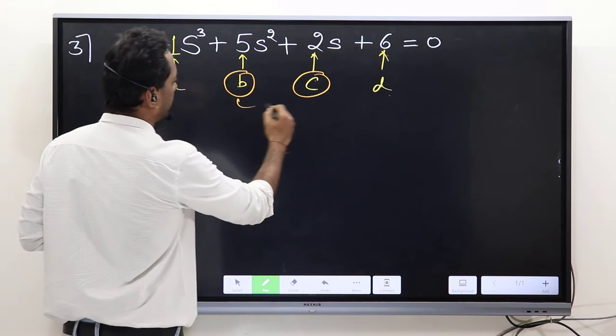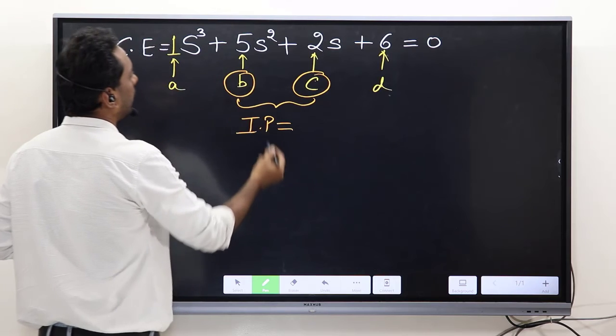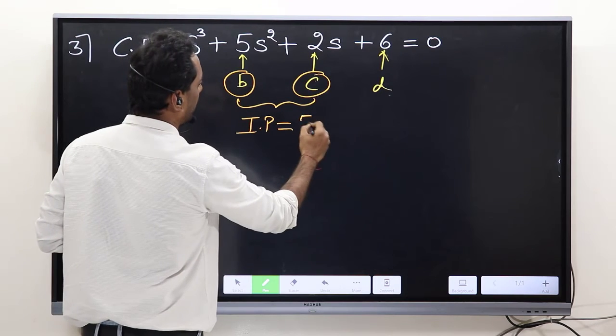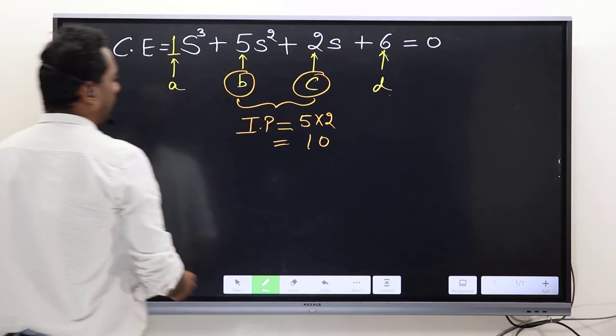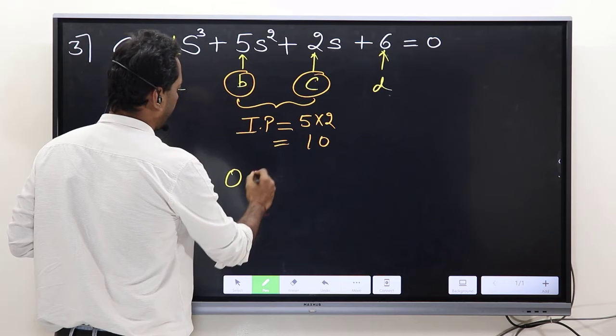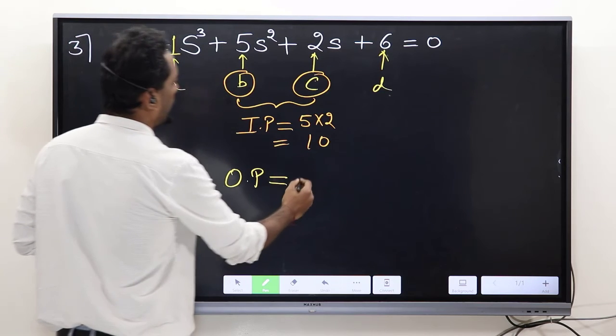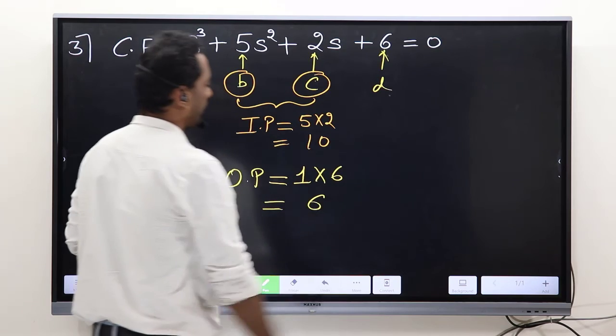First, this is my inner product IP. It is 5 into 2, which is 10. And my outer product OP is 1 into 6, which is 6.